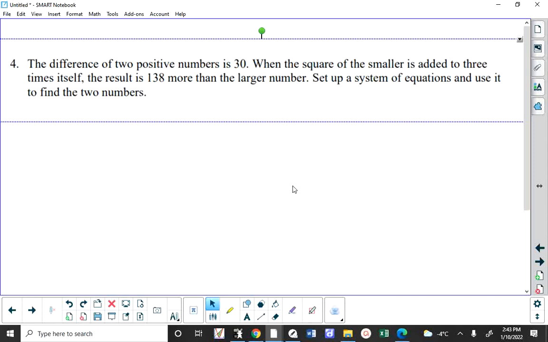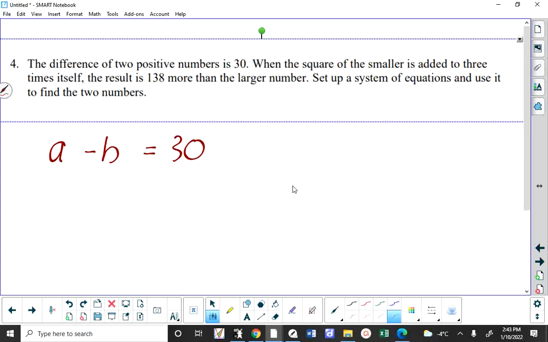So the difference between the numbers is 30. I don't want to get into an in-depth explanation of something right now, but I will tell you that I would avoid using x and y when you set up these word problems.